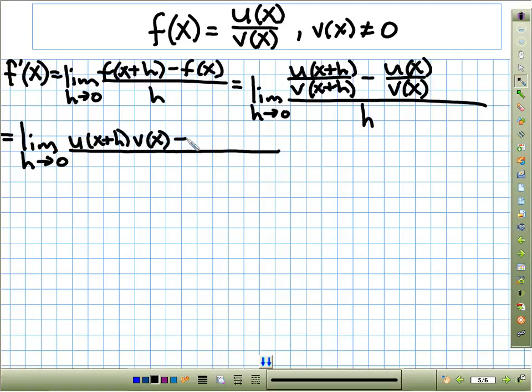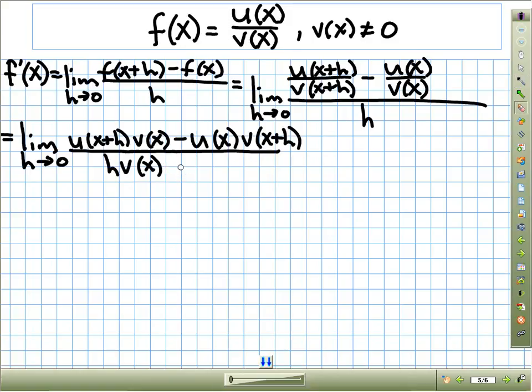Likewise, when I multiply u of x over v of x by v of x times v of x plus h, the v of x cancels, and I get u of x times v of x plus h. And then, of course, in the bottom we have the entire product, h times v of x plus h.